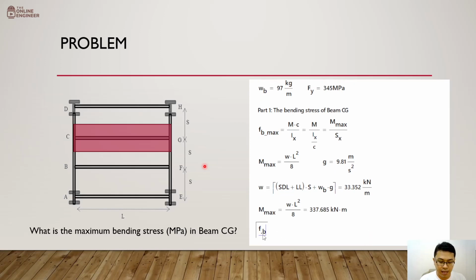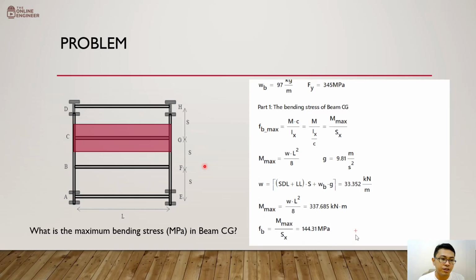As I have shown earlier, the formula for this is M maximum over Sx, and our maximum bending stress for the beam is 144.31 megapascal. Let me just shade this to show that this is now our answer for part 1. So that's 144.31, the bending stress of beam CG.